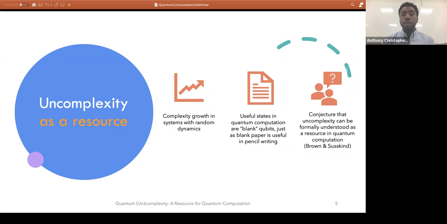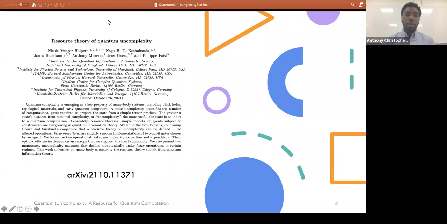In the paper, the resource theory of quantum uncomplexity, we confirmed it. This paper is on the arXiv. We put it up in late October of last year, and it confirms the conjecture that we can indeed define a resource theory of quantum uncomplexity. It establishes not only the definition for that theory, but also defines operational tasks and quantifies the efficiencies with which we can perform those operational tasks in the resource theory.